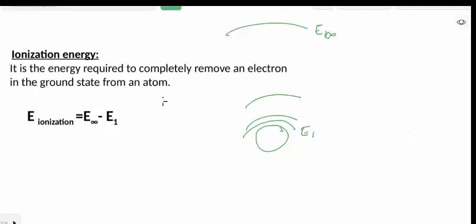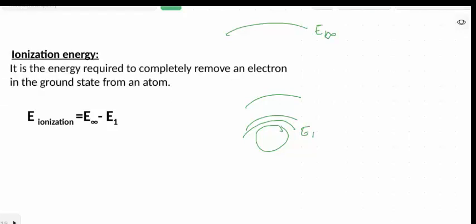So imagine you have an electron here in the ground state, and you need to remove it completely from the atom. To remove any electron from the atom completely, you need energy. This energy, what we call it? Ionization energy.